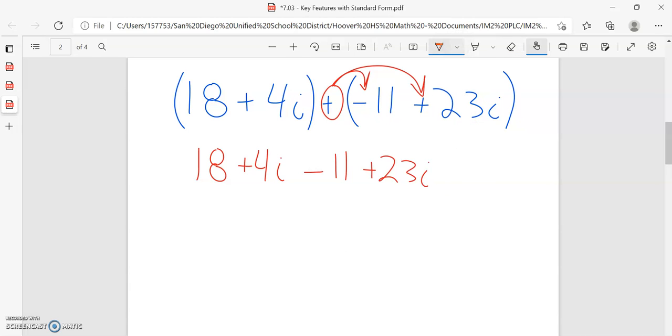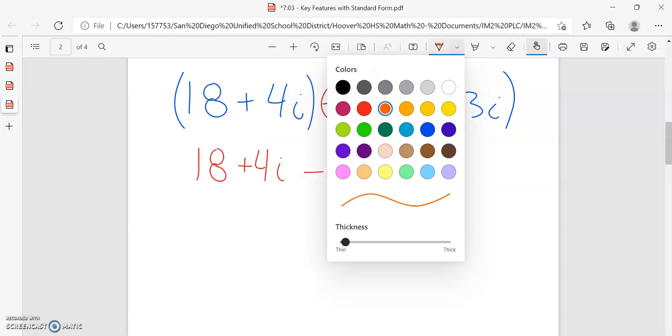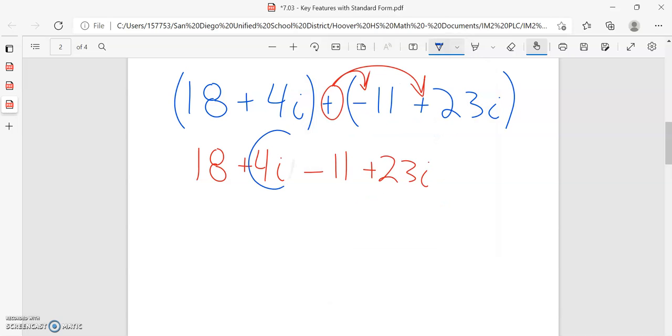Now, identify like terms. So this has an i. Okay, so 4i and 23i. Those are like terms. They have the same imaginary number in the back. And the other terms that are similar are our 18 and our negative 11.